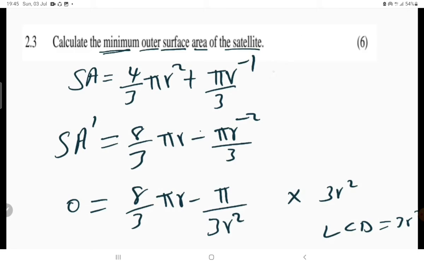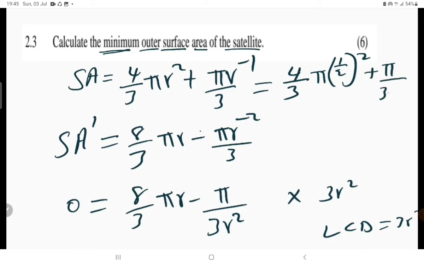So we have 4 over 3 pi times 1 over 2 squared, plus pi over 3r. Yes, so this is what we have. Then our r is 1 over 2. When you press your calculator, sorry to have dirty work, but nonetheless I believe you still follow me.